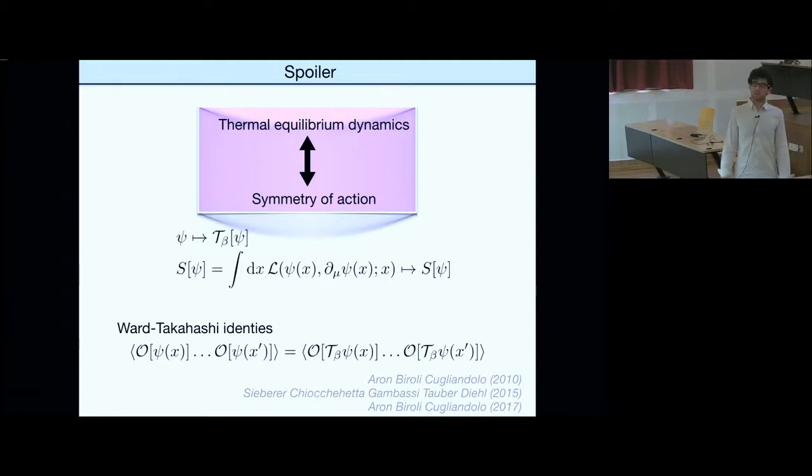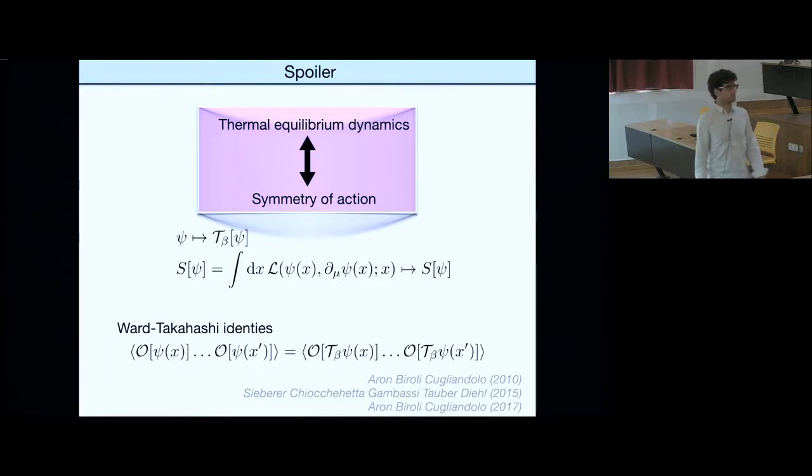And I'm going to tell you how once you are in thermal equilibrium, you can actually show that the action, and it's going to be a Keldysh action that describes the systems, is symmetric under a field transformation. So I'm going to do some field transformation within my theory, and the action is going to be transformed and remain invariant.